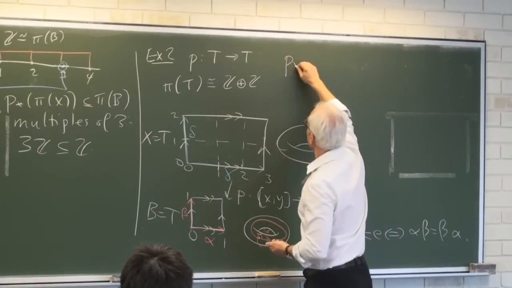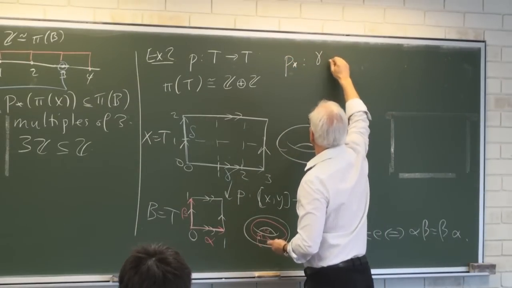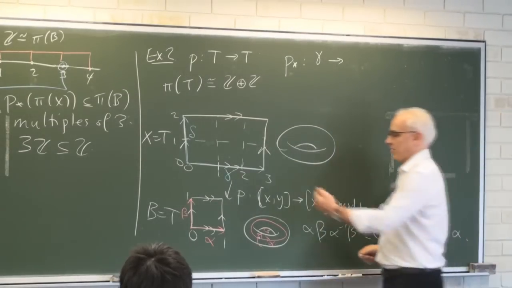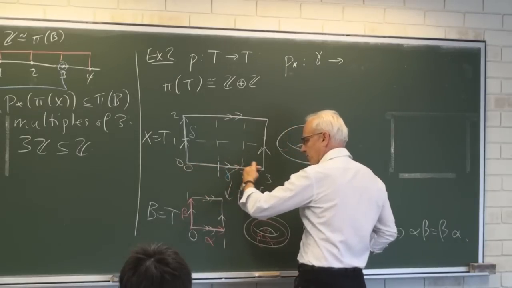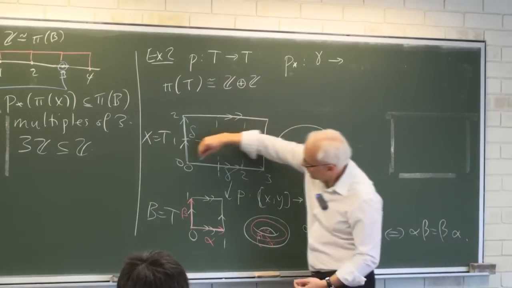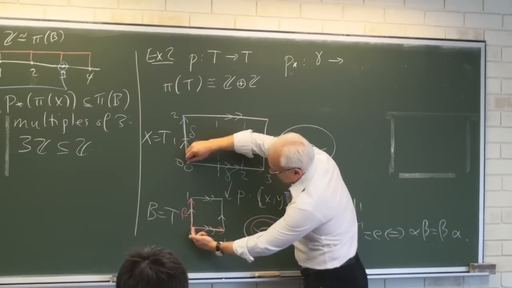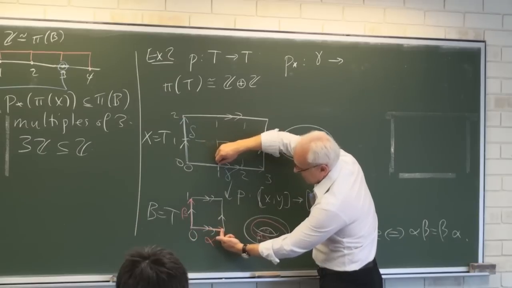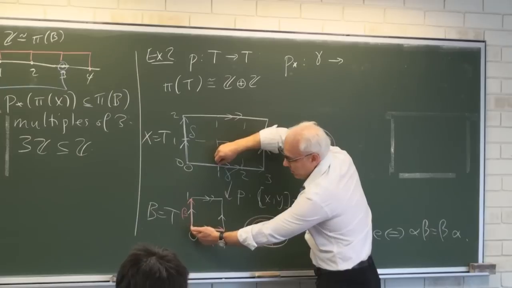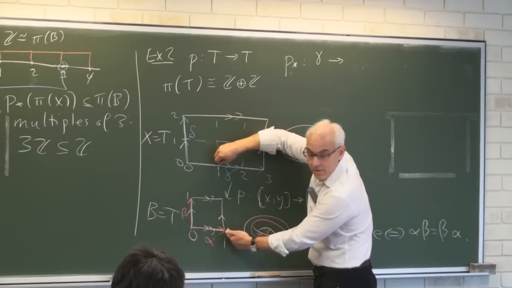Well, so P star will send gamma to. So what happens if we go along this way here, from here to here, and look at the image mod 1? Well, as we go along here, the image is going like this. So at this point here, we've already gone along alpha. We're basically back to where we started, because this point is the same as that point.